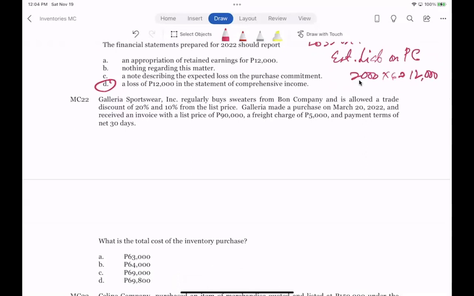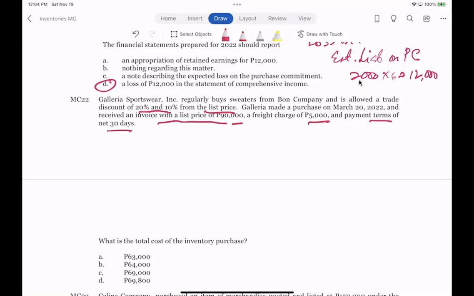Galleria Sportswear Incorporated regularly buys sweaters from Bond Company and is allowed a trade discount of 20% and 10% from the list price. Galleria made a purchase on March 20, 2022 and received an invoice with the list price of 90,000, a freight charge of 5,000, and payment terms of net 30 days. What is the total cost of the inventory purchase?